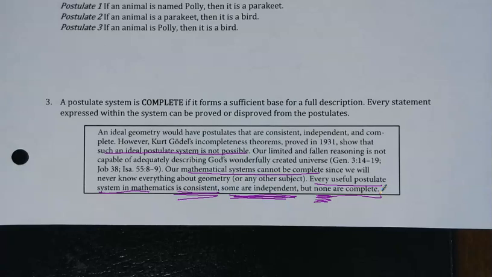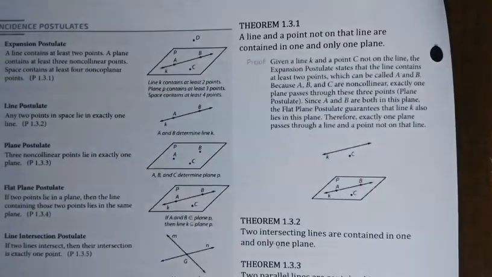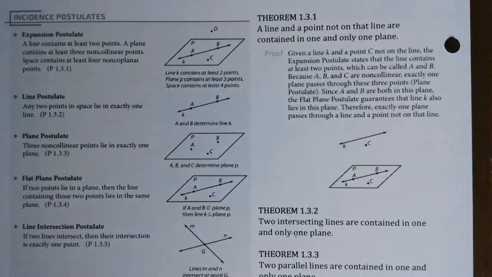The only entity that has a complete postulate system is the Lord above. It's pretty awesome to think about. So, all right, wrap your head around that one for a little bit while we clear it and go on to the back.